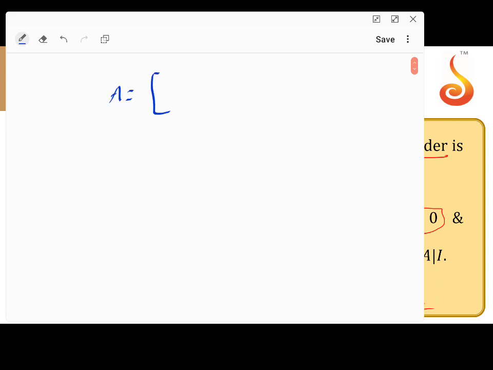Suppose A is [[a, b], [c, d]]. Here λ is a root of the equation determinant of (A − λI) = 0. That means if you solve the determinant of A − λI equal to 0, we'll get the value of λ. λ is a root means λ is one of the values of A. So now I will take det(A − λI).